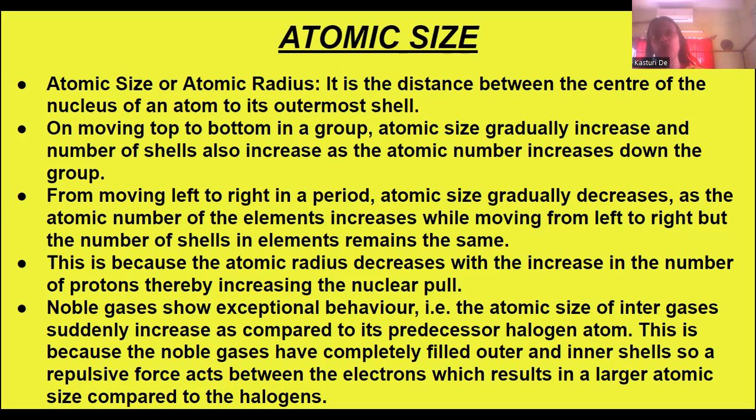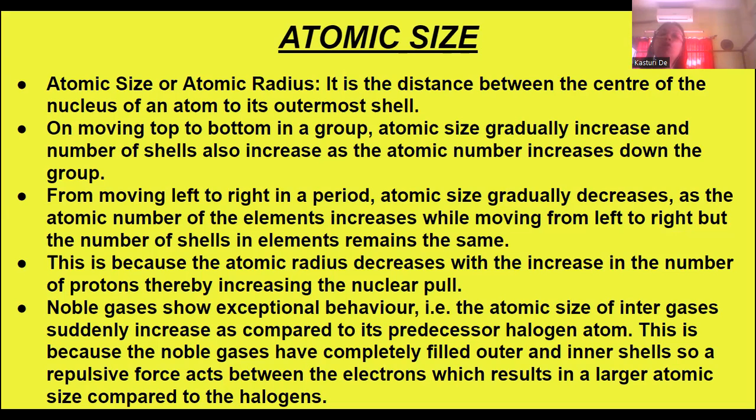As the number of electrons are increasing, number of protons are also increasing. And when the number of protons are increasing, what happens? There is a nuclear pull. Nuclear pull also increases. So that will decrease the atomic radius. That's why the size of the atom decreases across the period from left to right. Not group, but from left to right.